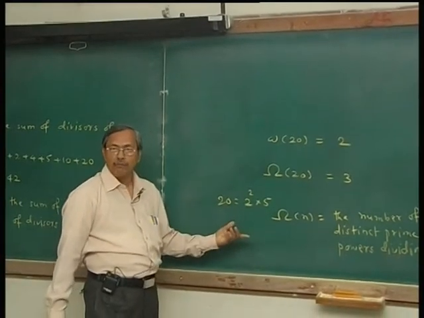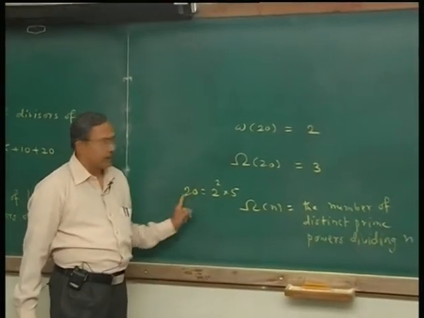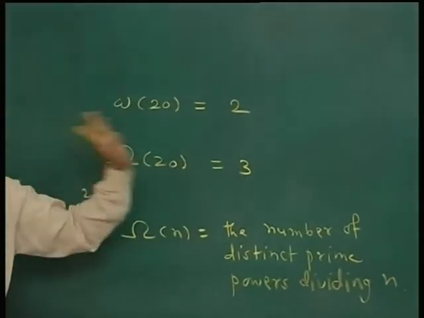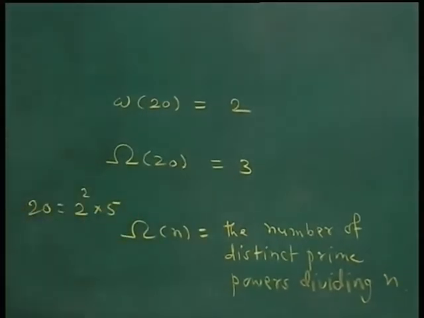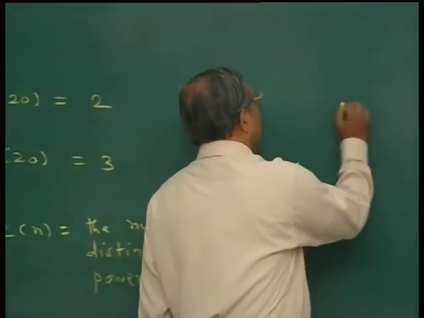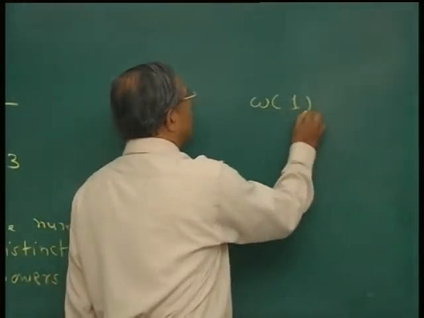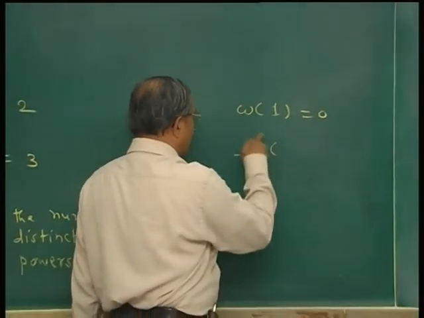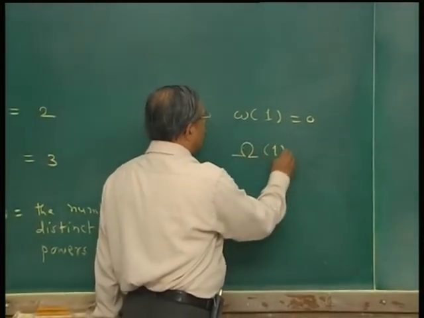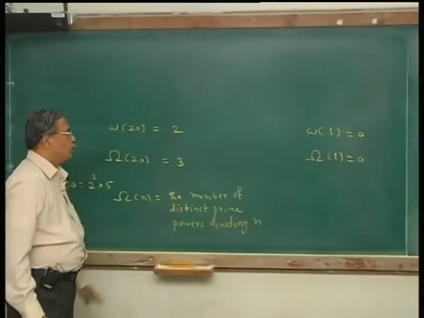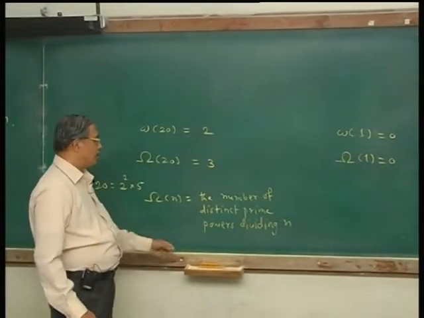So there are 3 prime powers dividing the number 20. So capital Omega of 20 is equal to 3. Obviously small omega of 1 and capital Omega of 1 both are 0. No prime or prime power divides 1.